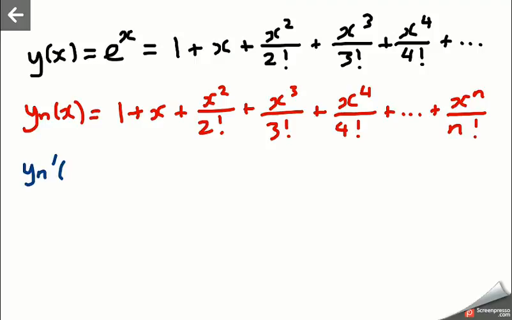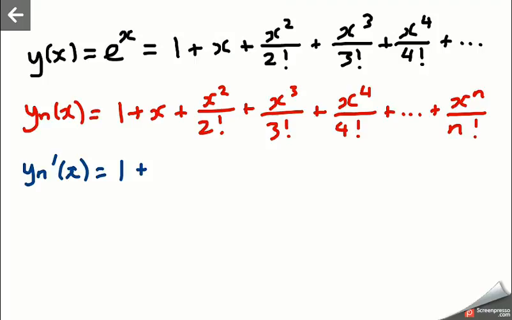Yn prime of x, well, what's going to happen? The 1 disappears because the derivative of a constant is 0, because a constant function is not changing at all, and therefore the rate of change is 0. So the 1 disappears. The x becomes a 1 because the derivative of x is 1. And now let's differentiate the third term, rather.